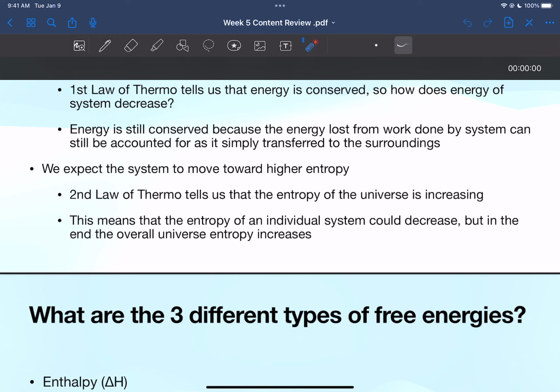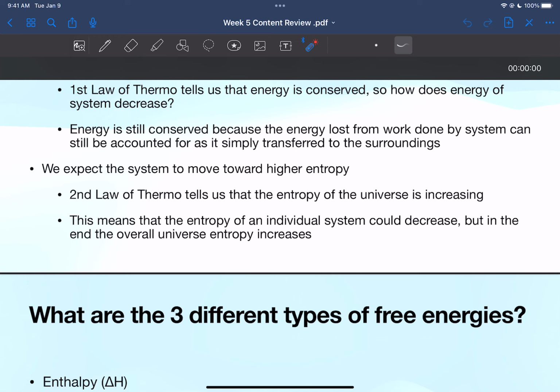That would indicate a decrease in entropy, right? Well, if there's a decrease in entropy in the system, then how is the entropy of the universe increasing, if the universe is essentially made up of different systems? If systems are decreasing in entropy, how does the entropy of the universe still continue to increase, right?